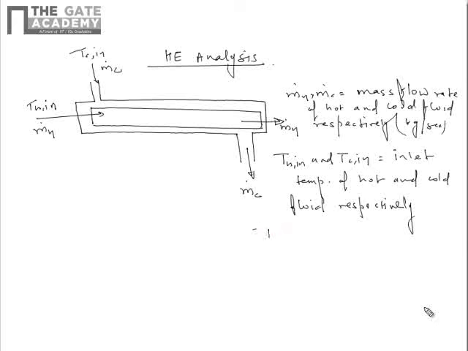Okay, and Th out and Tc out is the outlet temperature of hot and cold fluid respectively.